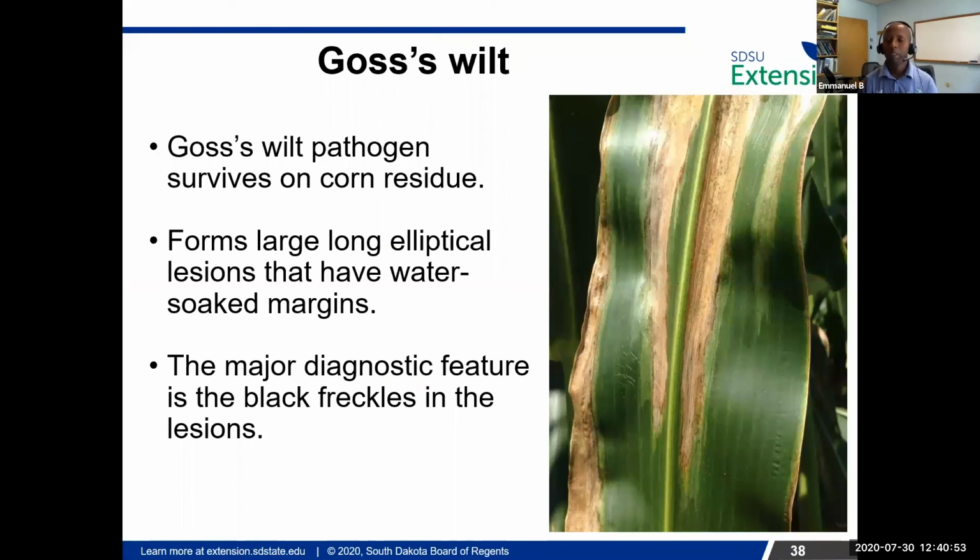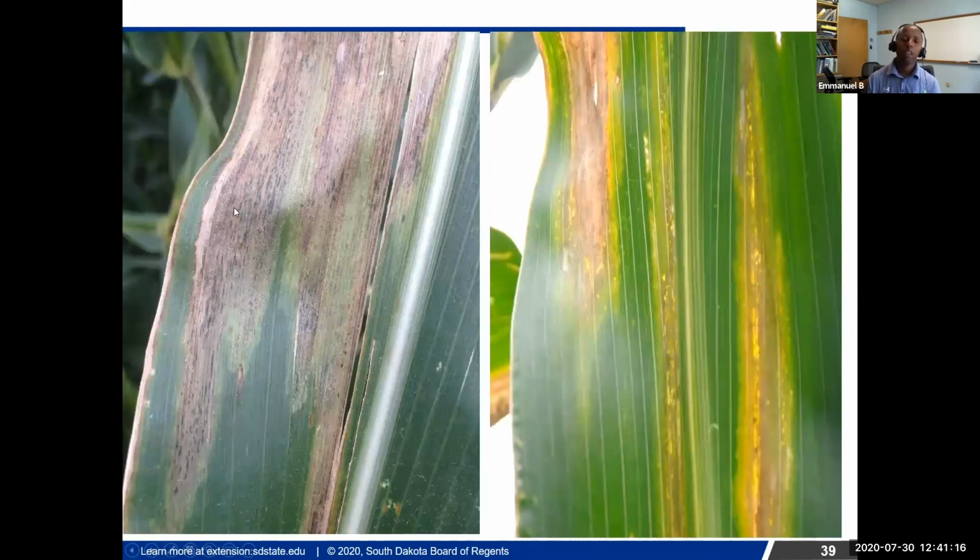Goss's wilt is a common disease we see in a lot of cornfields, usually on a few plants, unless, excuse me, the hybrid is super susceptible. But being bacteria also, you're going to see this water soaking of bacterial lesions. And for Goss's wilt, the major diagnostic feature is going to be the black freckles in the lesion.